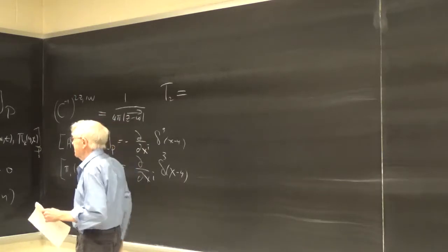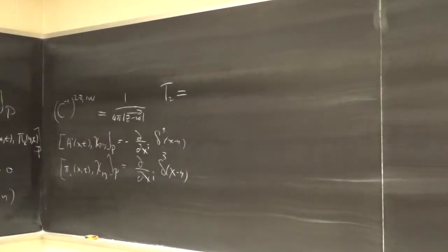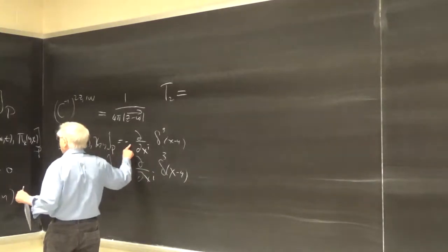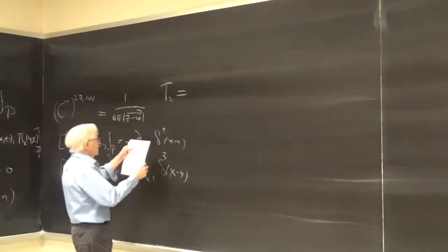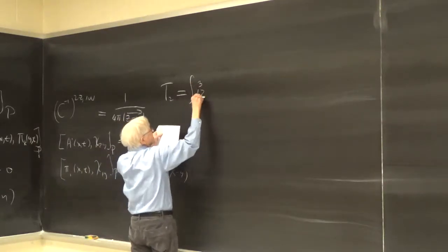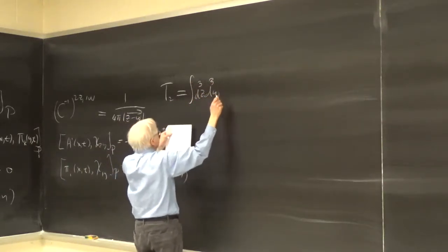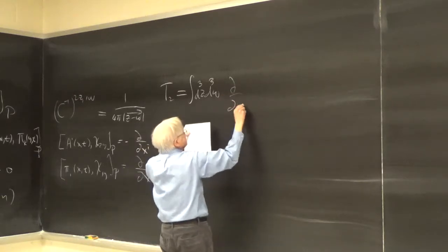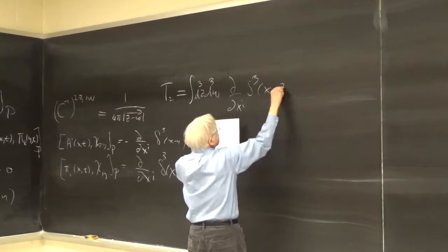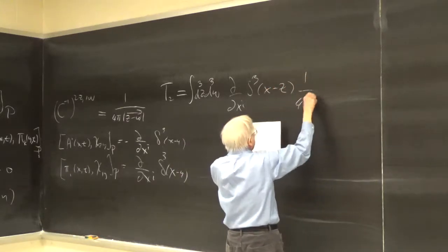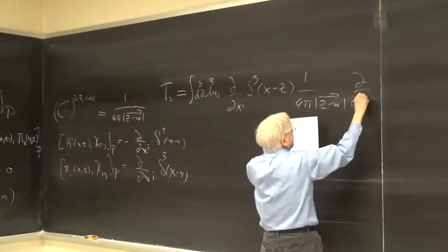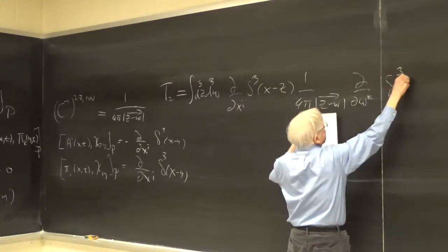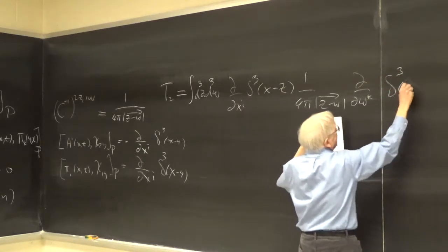And as far as minus signs go, we've got one here, we've got one there, and so two minus signs give us a plus sign. What we've got is integral d cubed z, d cubed w, partial x_i of delta cubed of x minus z, 1 over 4 pi times z minus w, and partial w_k of delta cubed w minus y.